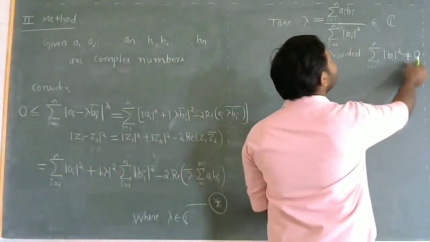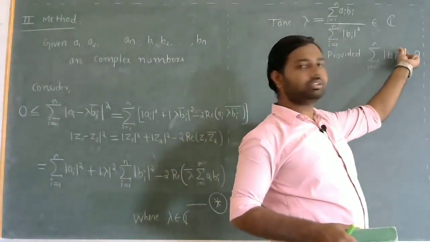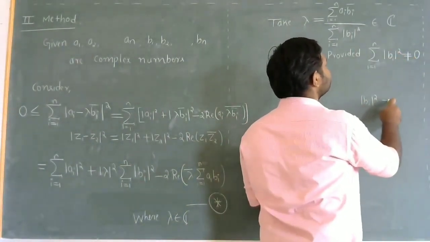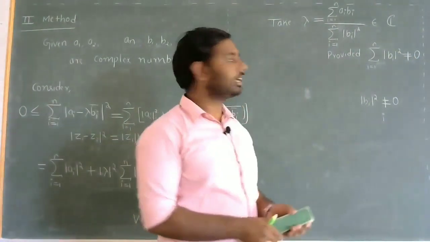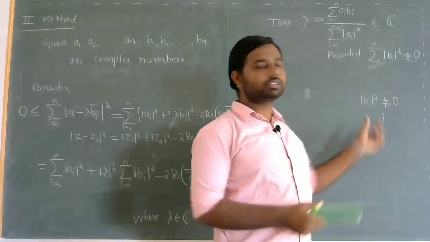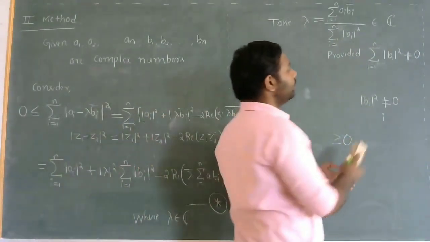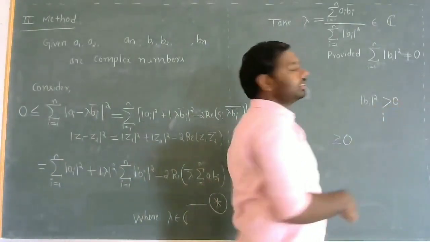And when will this sum be non-zero? It is a sum of modulus of bi whole square. So if modulus of bi whole square is not equal to 0 for at least one i, so you know modulus of bi whole square is always greater than or equal to 0. It is a non-negative value, so if it is not equal to 0, it has to be positive, right?